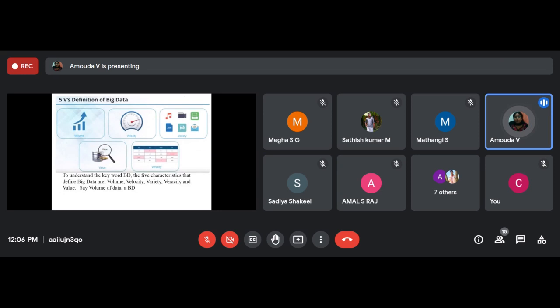On top of it, you should have the definition of big data. It has 5 characteristics: volume, velocity, variety, value, veracity. I am not going to read the sentences, they are only for you. Volume is the quantity of the data. Velocity is the speed at which it is generated.